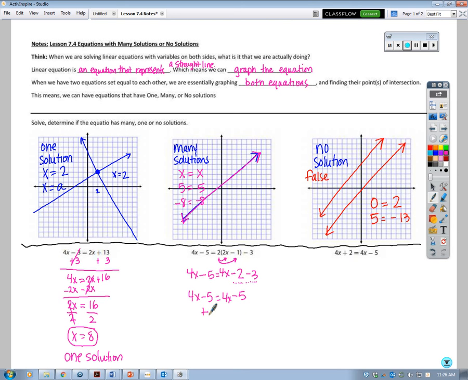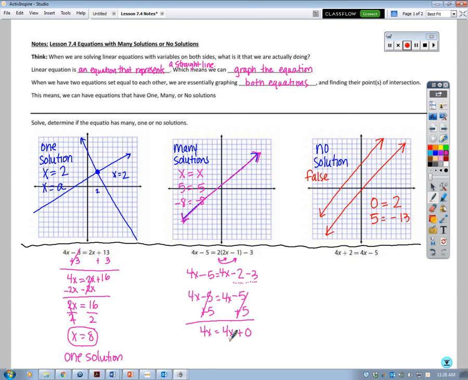I'm going to combine my terms, right? So I'm going to combine my constants first. And it doesn't matter, you could combine your variables first if you wanted. So now I have 4x equals 4x, negative 5, positive 5, canceled out, so this is 0, right? So plus 0.